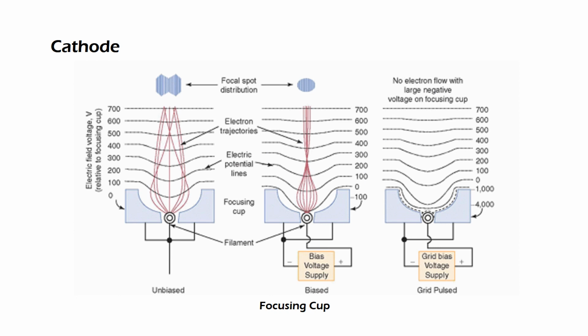In most X-ray tubes, the focusing cup is maintained at the same potential difference as the filament relative to the anode. This is illustrated as an unbiased circuit to the left. At the edge of the slot, an electric field exists that repels and shapes the cloud of emitted electrons from the filament surface.